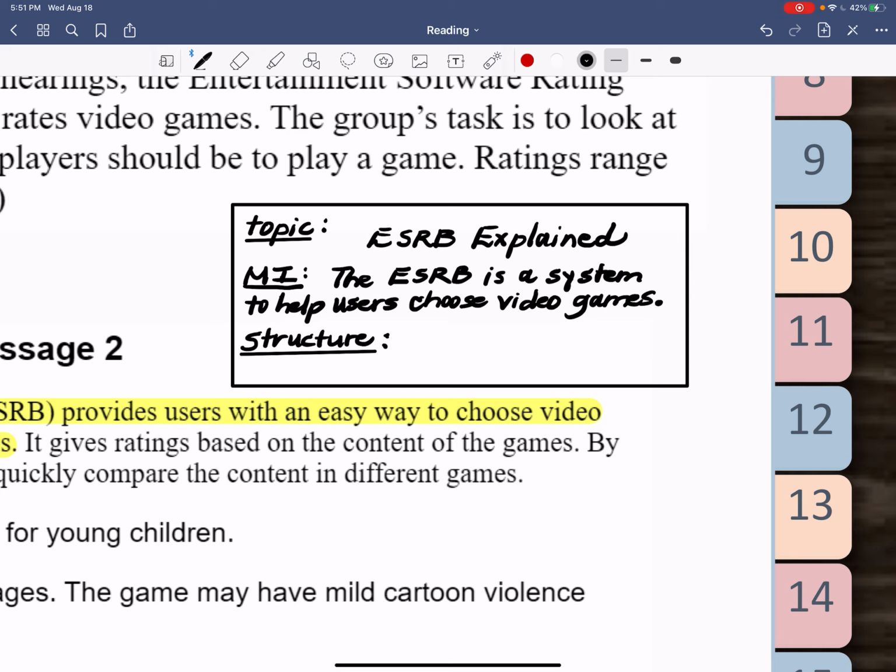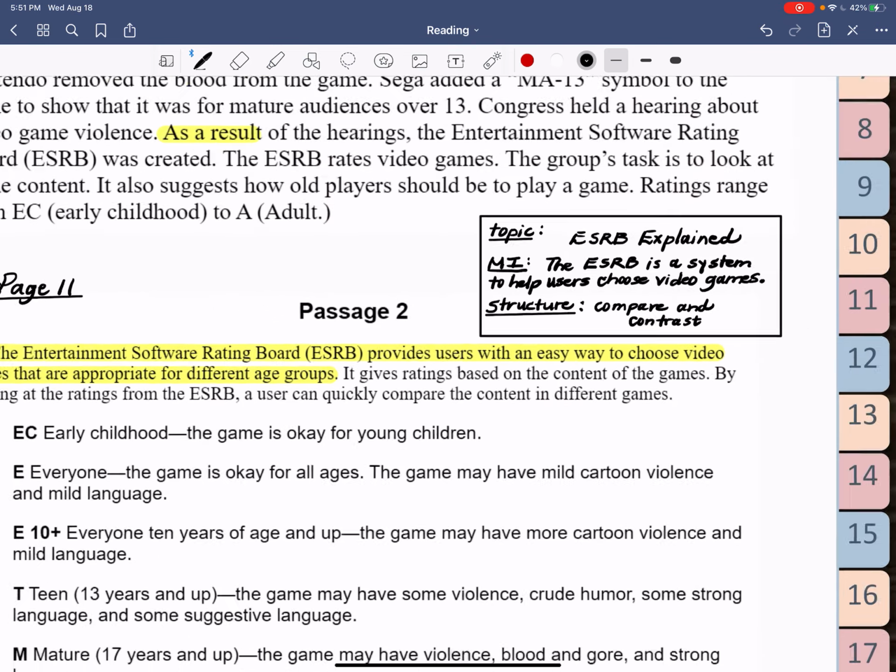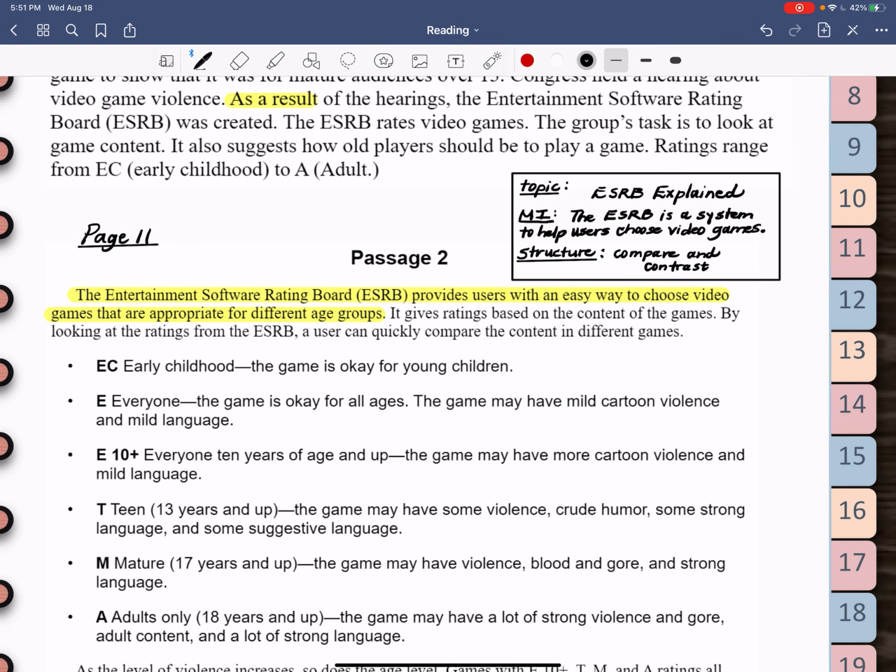It doesn't give me a cause and effect, but it does compare and contrast. It gives me all the characteristics of each category of video game. So this is an excellent example of comparing and contrasting. And they even use the word compare. So I like that for the structure.